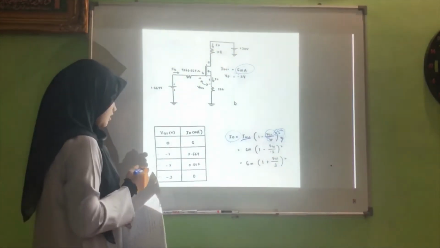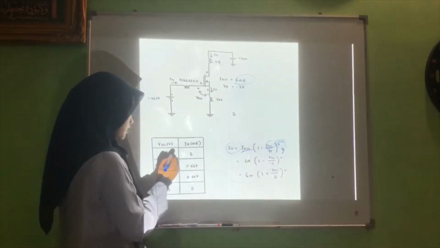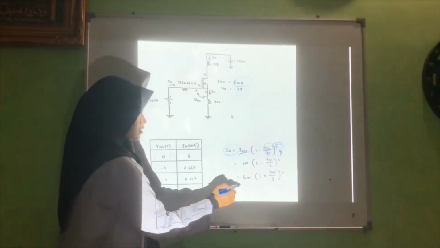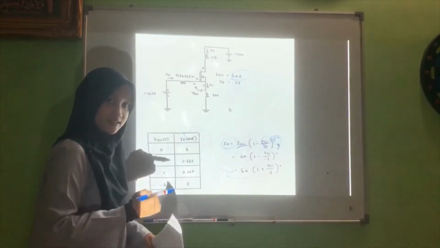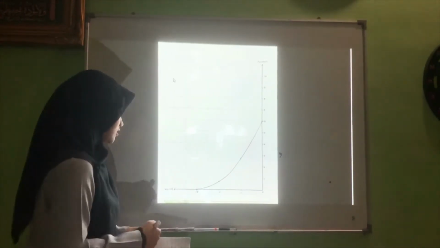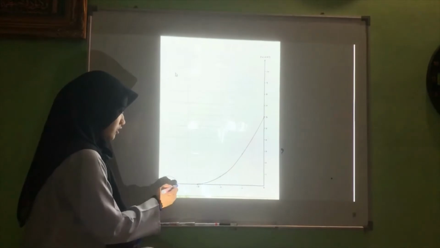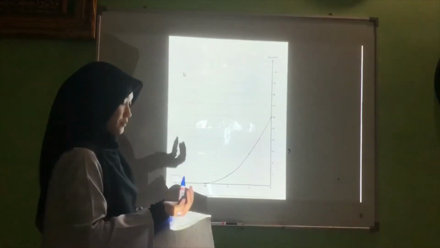From this equation, we take the VGS values, and by using this equation, we get the value of ID. So this is the graph that I get from the table previously. This is the value of VGS, and this is ID in milliampere.